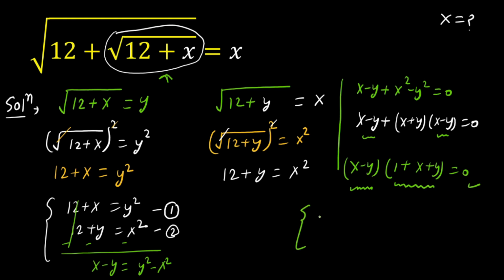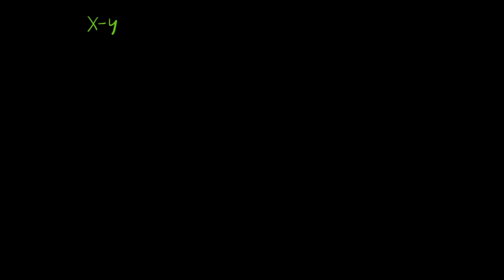Here we will apply this rule: if a times b equals 0, this implies a = 0 or b = 0. If we apply this rule here, then x − y = 0 or 1 + x + y = 0.